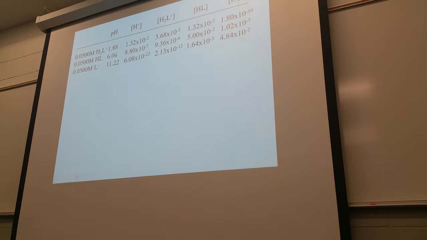And as one might expect, the pHs are pretty acidic for the acidic one, pretty basic for the basic one, and pretty neutral for the intermediate form. And that's pretty true for polyprotic systems, unless the pKa values are really close to each other. You see these kind of generalities across the board, and these are just concentrations. I just summarized the 3 examples that we've done to date. So that's nothing new information-wise.